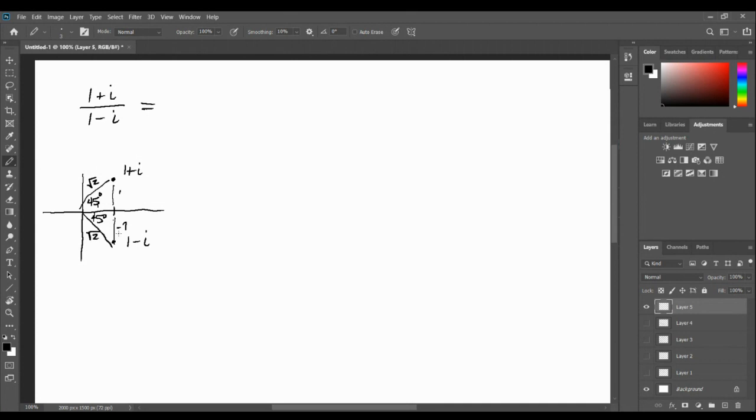This would be √2, just thinking about how we would get there using the Pythagorean theorem and whatnot. So I would have √2 times cosine of 45 degrees plus I sine 45 degrees as my numerator. The denominator would be √2 cosine 315 plus I sine 315.